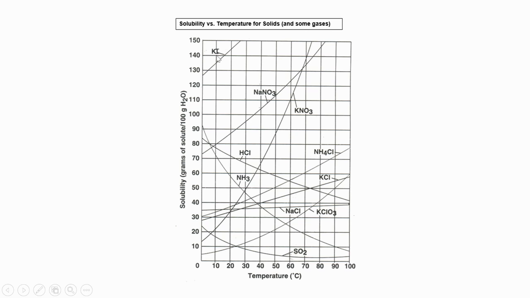I follow 140 grams over to the KNO3 line, and it pretty much crosses that line at 70, maybe 71 degrees. I'm going to call it 70. So at 70 degrees, I could dissolve exactly 140 grams of KNO3.